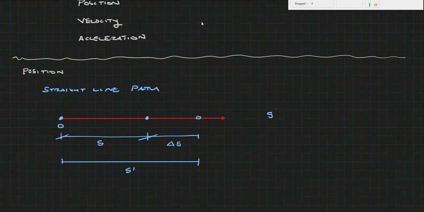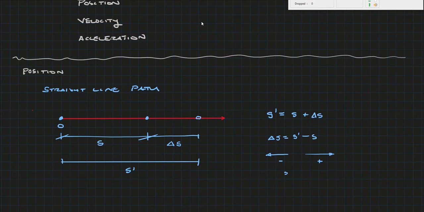So S prime equals S plus delta S. And if we want to rearrange this to focus on delta S, delta S equals S prime minus S. Now in this situation, let's agree on a convention that if we head in this direction, we'll arbitrarily call that positive, and if we head in this direction, we'll call that negative.